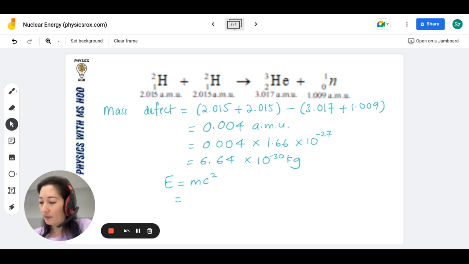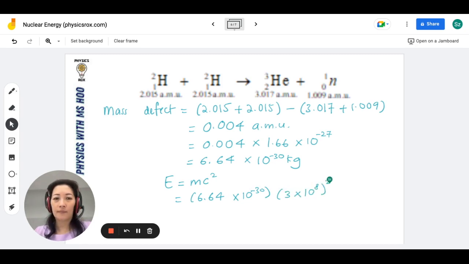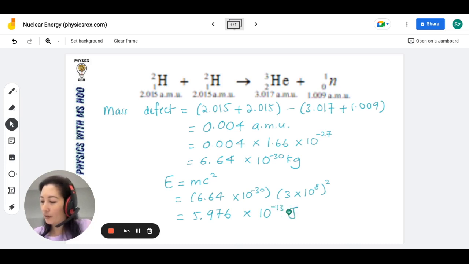So 6.64 times 10 to the power of negative 30 times the value of c, which is 3 times 10 to the power of 8, and we square that. This gives us 5.976 times 10 to the power of negative 13 joules.